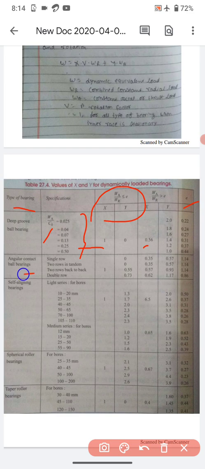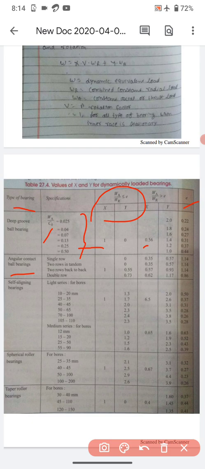In case of angular contact bearing, the specification is given like this for the single row, two row in tandem, two row back to back, and a double row.